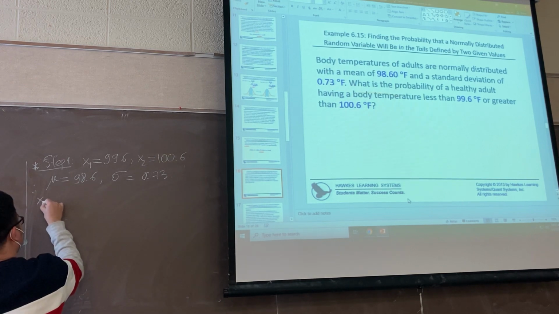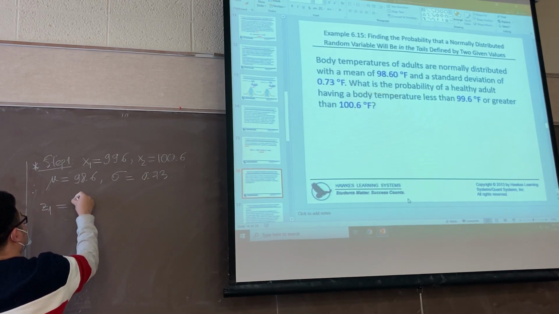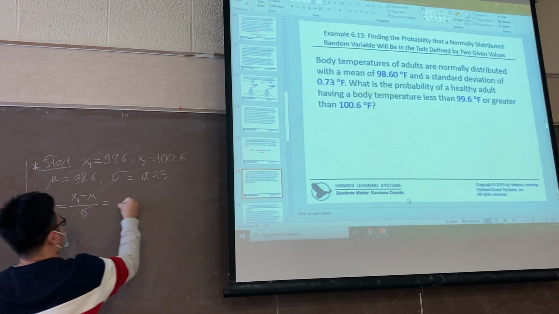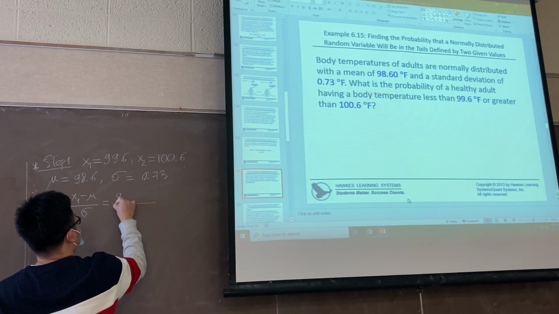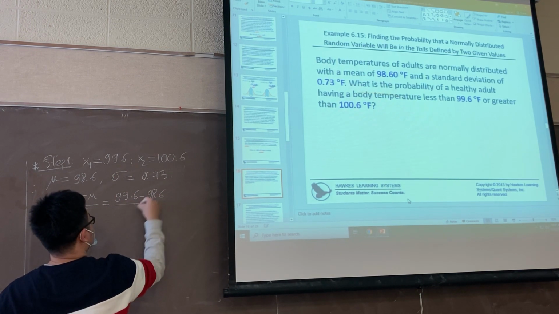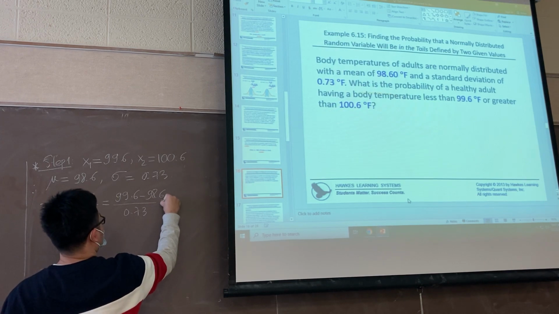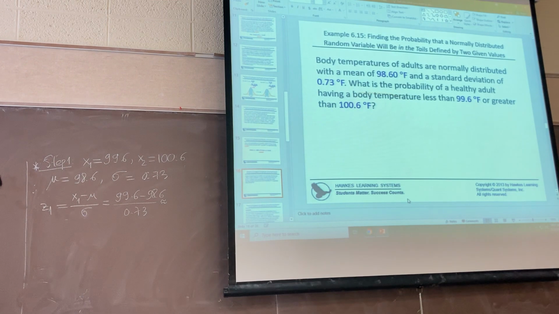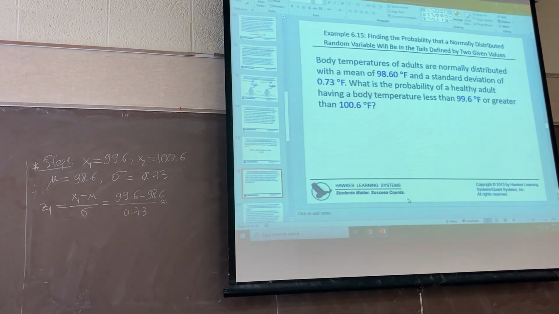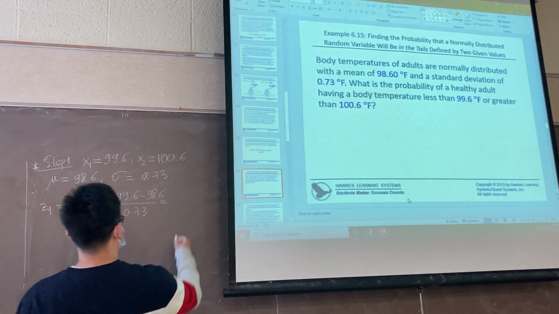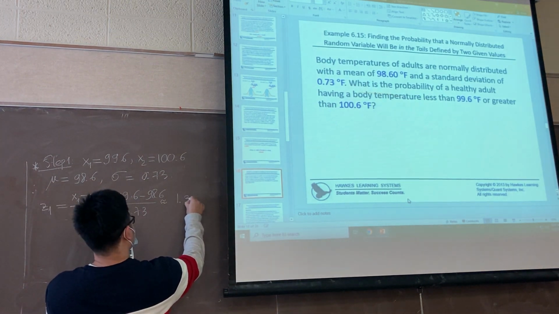Okay, and now we will change x1, x2 to z1, z2. z1 is x1 minus mu over sigma, and I will write down here that it's approximately equal to this value, approximately 1.37.